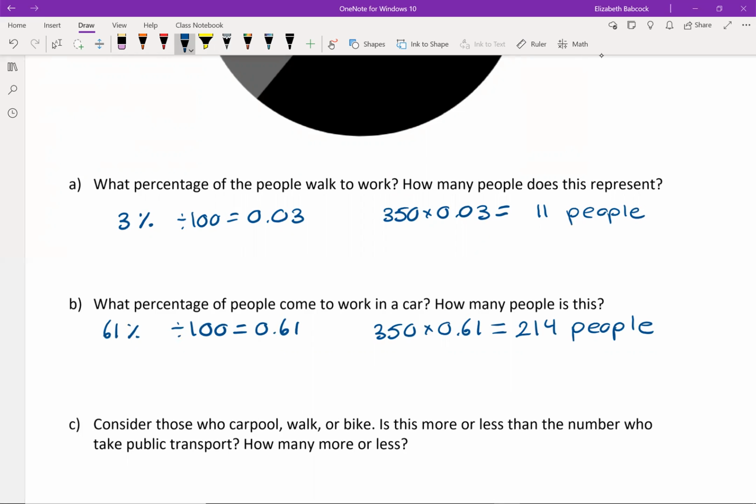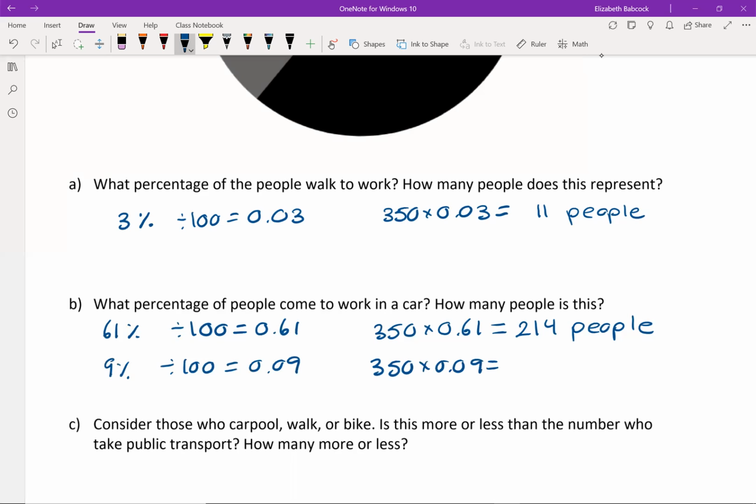We can also do the number of people that come in a carpool, because technically they're still coming in a car. That is 9%, divided by 100 gets us 0.09. Then you have 350 times 0.09.